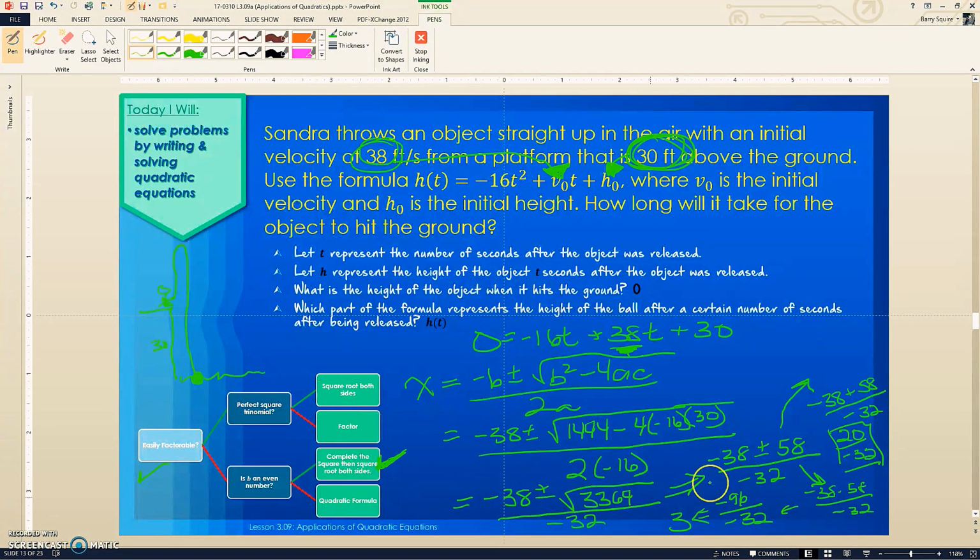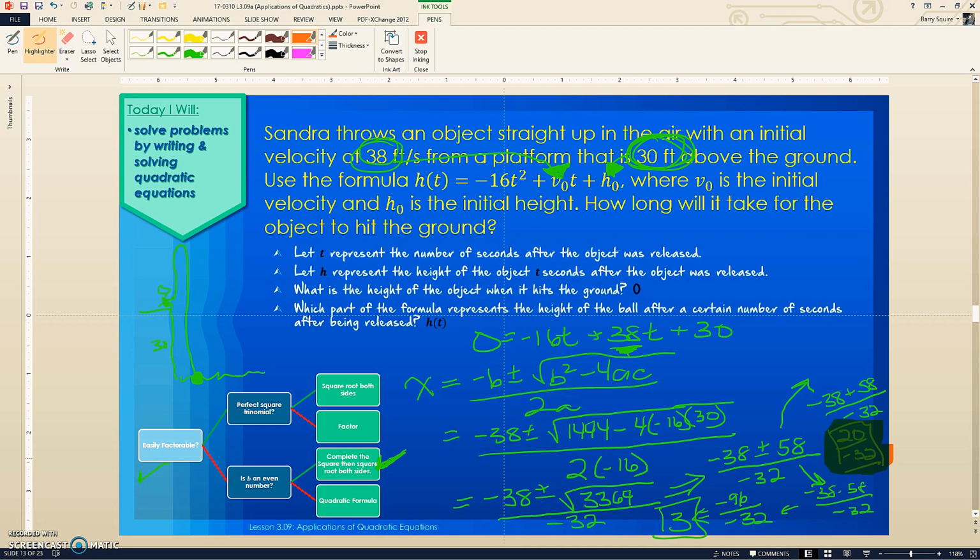Okay, so I've got here a negative number. Over here, but a negative number would mean, because we're talking about time, that it would land on the ground before she threw it. And I don't think that makes sense. Well, you may think it makes sense.